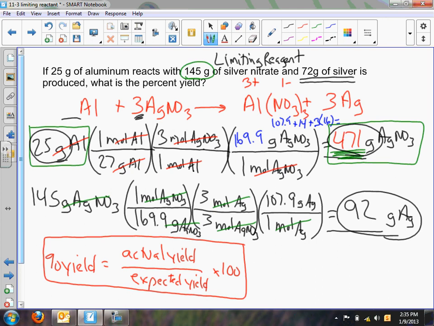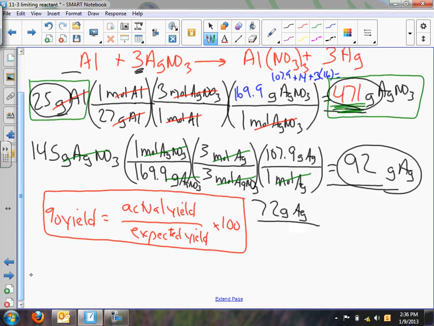So to find my percent yield, you want to take what you actually have, and the problem right here says I actually got 72 grams of silver. Compare that to how many grams I should get, and that's what we just solved for right here. I should get 92 grams of silver.